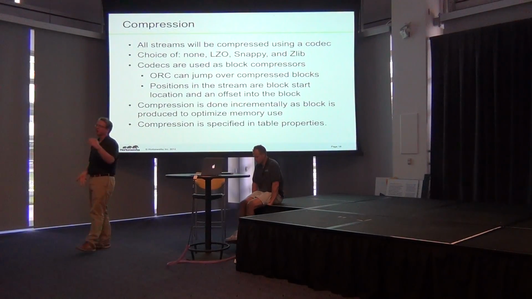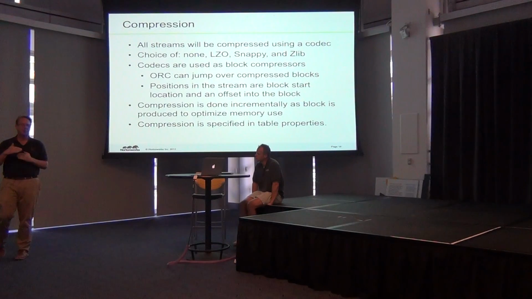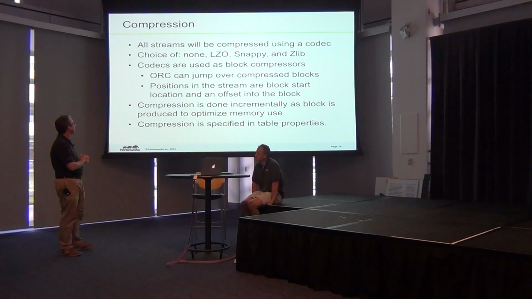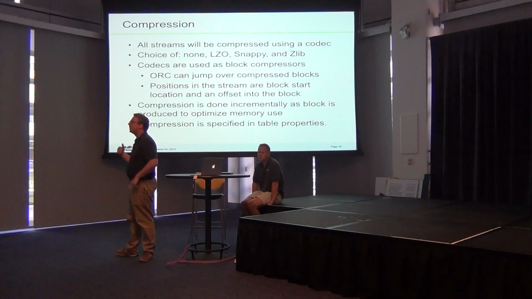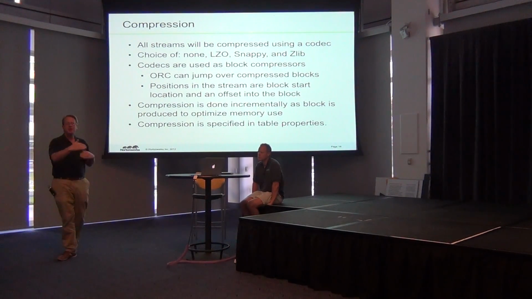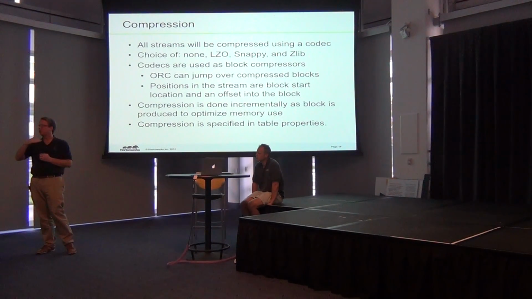Compression. Of course, we get all this lightweight compression for free all the time, and that actually gets it down reasonably small. But then you can also throw zlib or LZO on top, and that will shrink your files even further. The compression on top means that it's done in blocks rather than streams, because we want to be able to seek to inside of a compression stream.